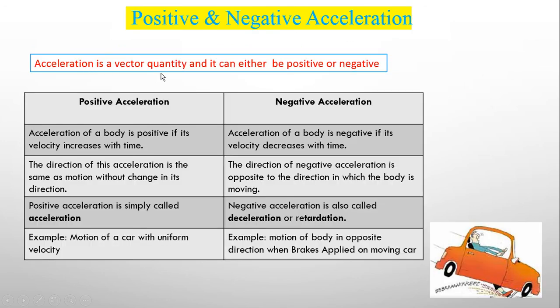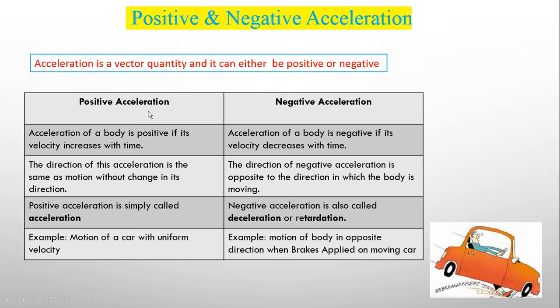Acceleration is a vector quantity, as acceleration is derived from velocity. As velocity is a vector quantity, acceleration will also be a vector quantity, and it can be either positive or negative. So we have to know when you will get positive acceleration and what the conditions are for negative acceleration.